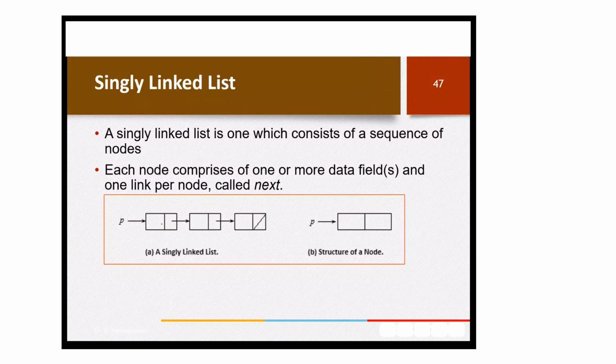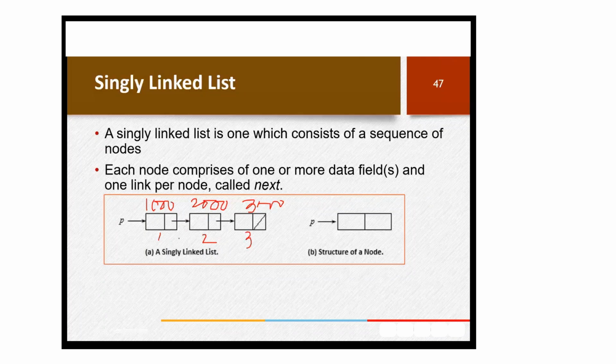Since it is stored in memory, not in contiguous locations like arrays, you need a next pointer. So this node 1 is stored at some address, say 1000. Node 2 may not be stored exactly next to it. It could be stored at some other random location, let's say 2000. The third node may be stored at some other location.